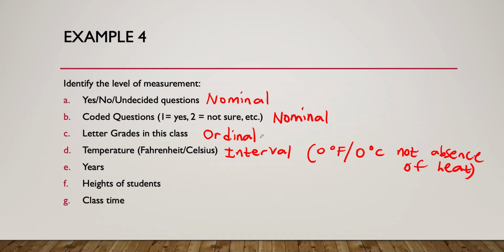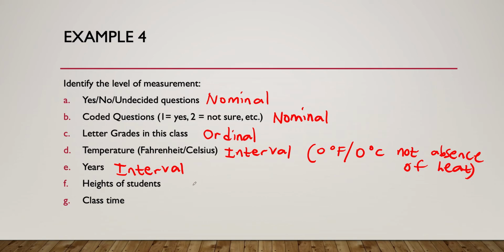And so because of that, that's why it's interval. Years, likewise, is also interval. That's because something that's 0 does not mean you're not born at all, or that the earth or life ends or something like that.